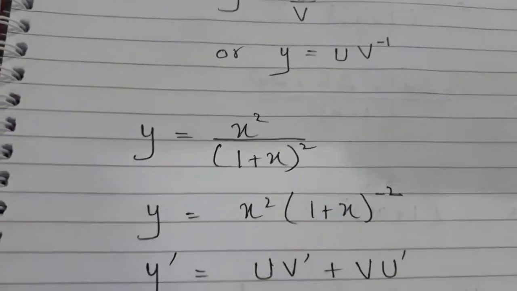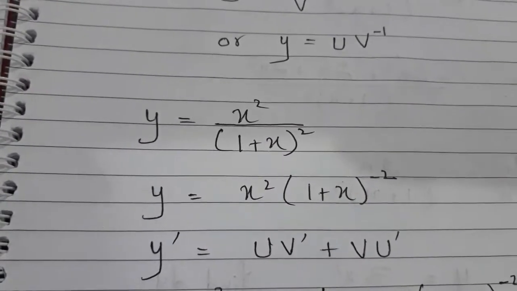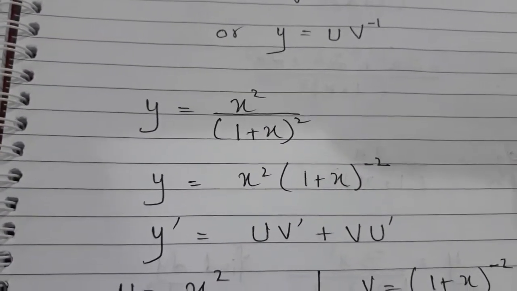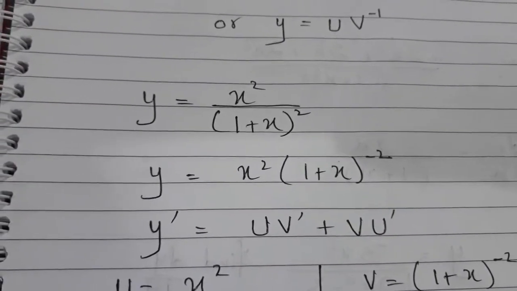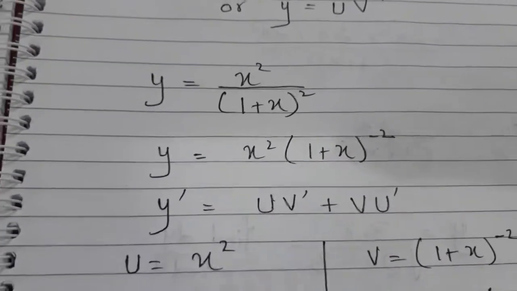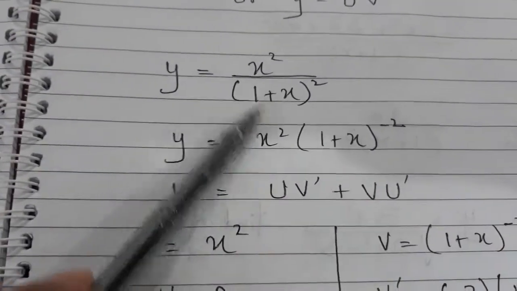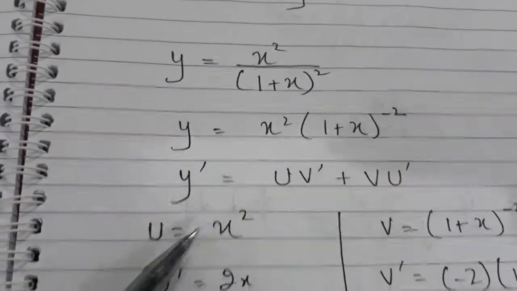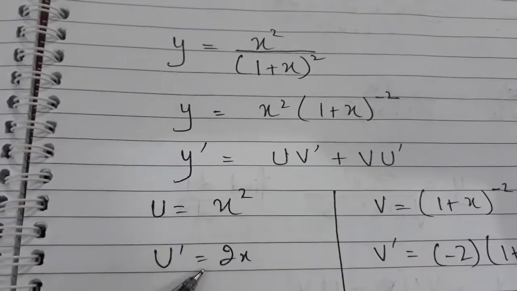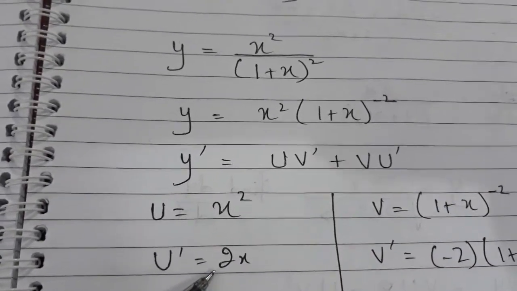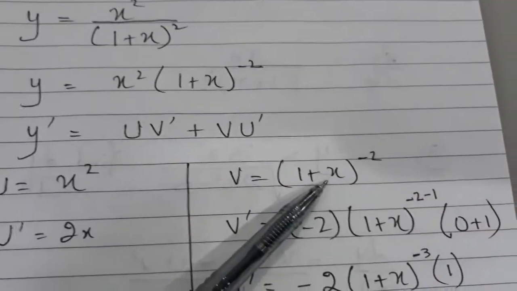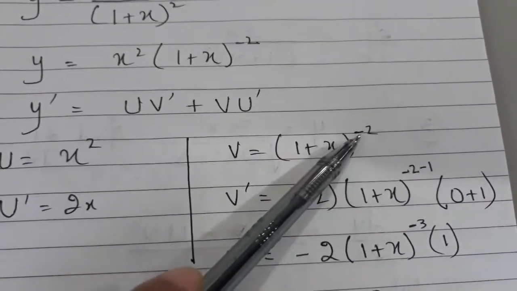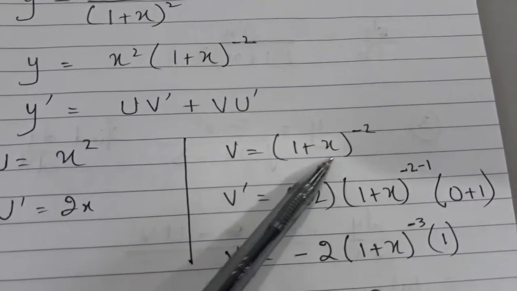So now, because I have changed this question into a product rule, I will apply the product formula, which is uv prime plus vu prime. So now my function u is x squared, this is my first function, this is my second function. When I differentiate it, it will become 2x, right? And this is my second function, which is this. When I differentiate it, you know, this is in the form of a composite function.